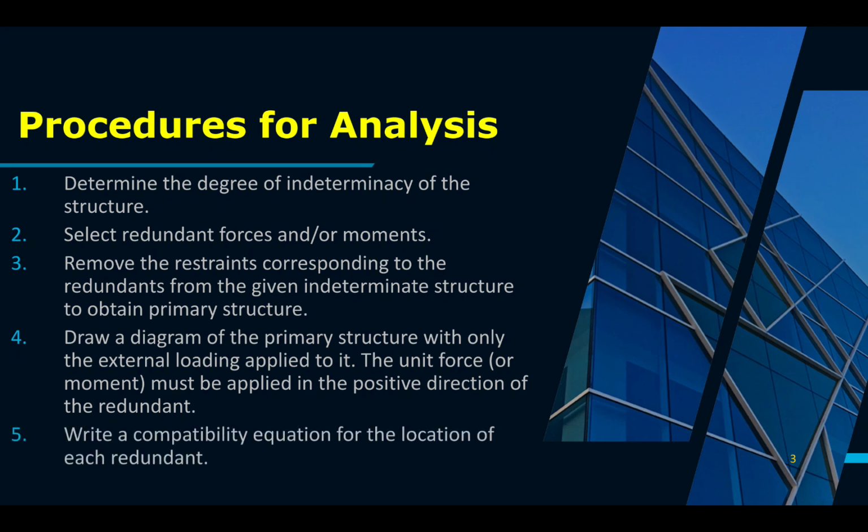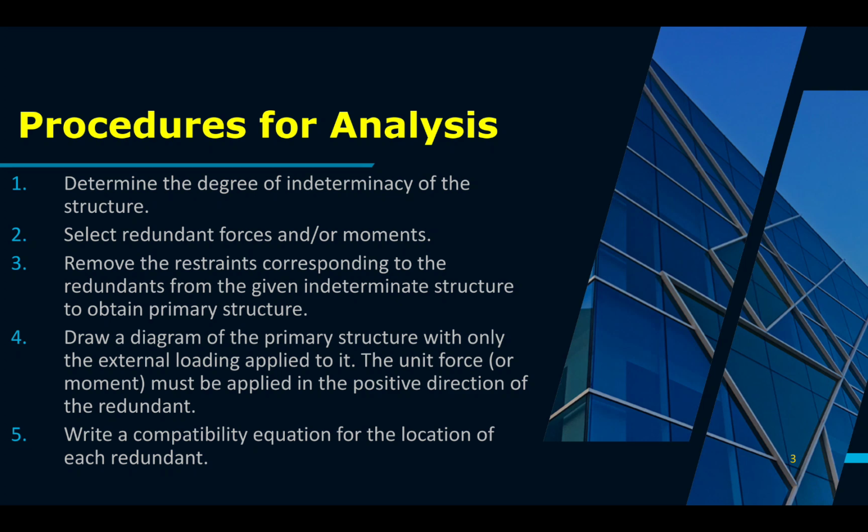And then for step 5, write a compatibility equation for the location of each redundant. This should be easy enough. We have to analyze what is in the beam, what makes our analysis easier, and what relationship we can form. That is what we call the compatibility equation.